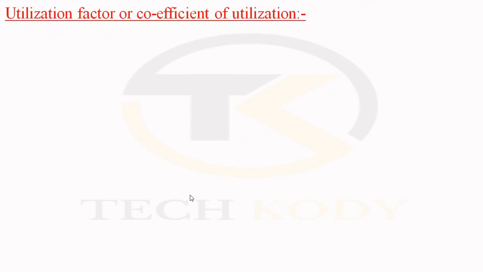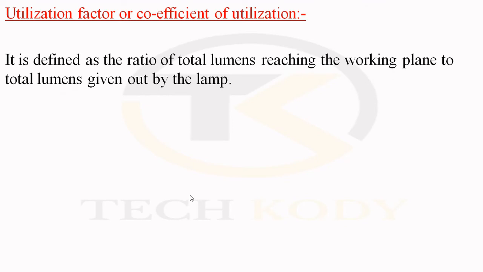The next one is utilization factor or coefficient of utilization. Utilization factor is the ratio of net lumens to gross lumens. It is defined as the ratio of total lumens reaching the work plane to total lumens given out by the lamp.